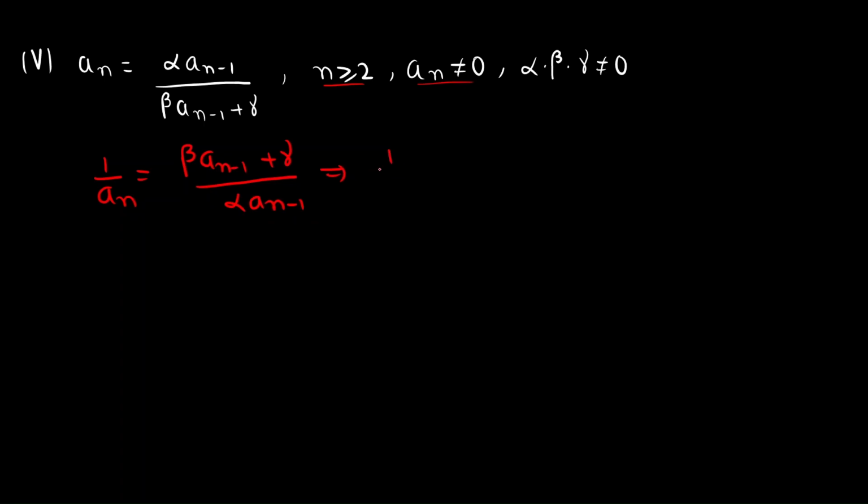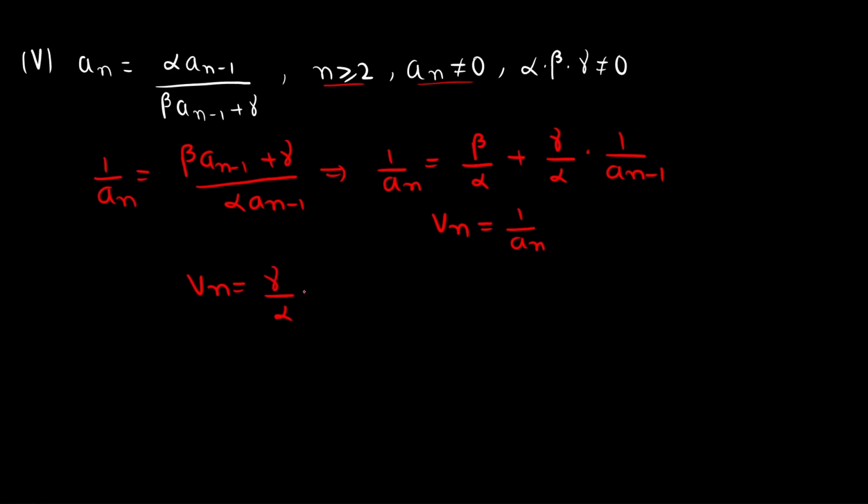This will imply 1 by an is equal to beta by alpha plus gamma by alpha times 1 by an minus 1. Now I'll call Vn is equal to 1 by an. I'll get Vn is equal to gamma by alpha times Vn minus 1 plus beta by alpha.